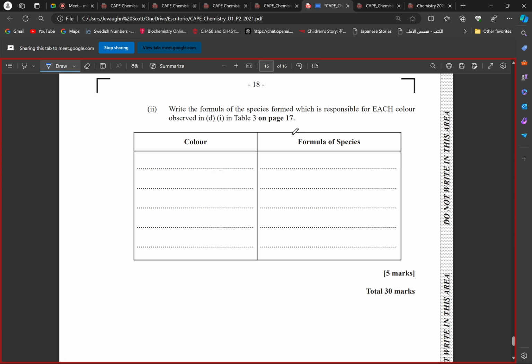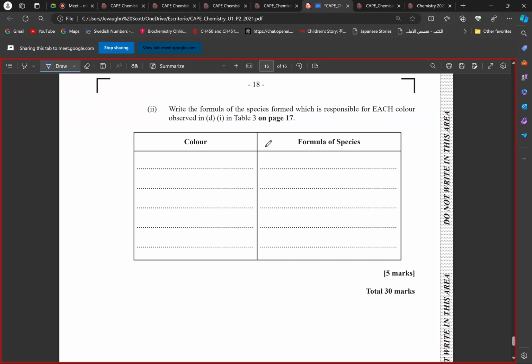Okay, lovely. So in the case of that now, what we have to do is generally just write the species that we have here and the different colors. So we just need to write the colors out of the species here. Okay, so in this case, what are we going to have for these now?